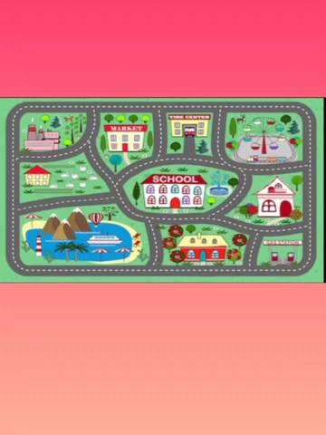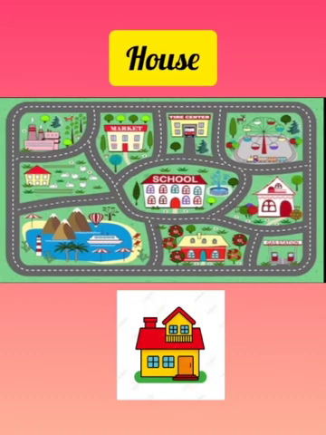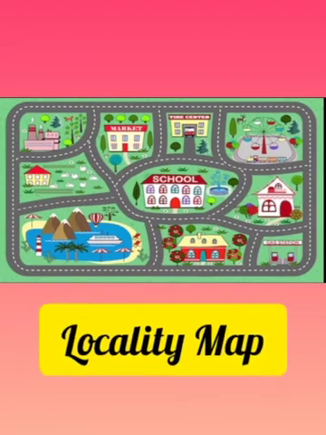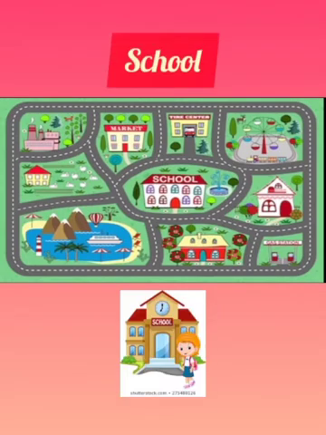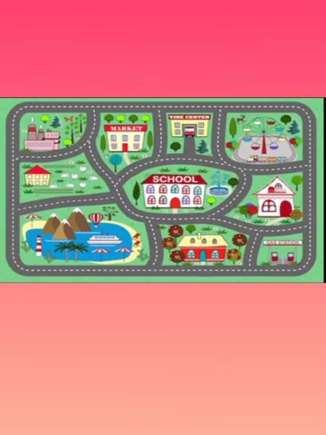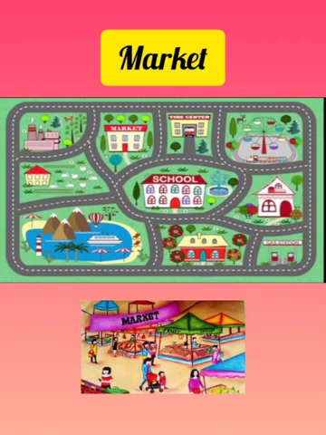With the help of these maps, anyone can locate a house or a place in a colony or in a locality. So this is the picture of a locality map. Here you can see the school, playground, the center, the market, etc.